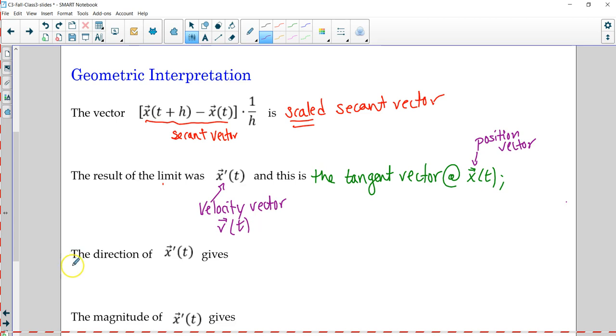Okay. The direction of x prime of t gives the direction of velocity, which we can also call the direction of instantaneous motion.